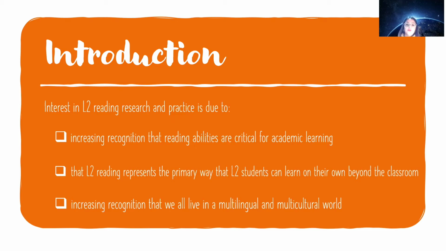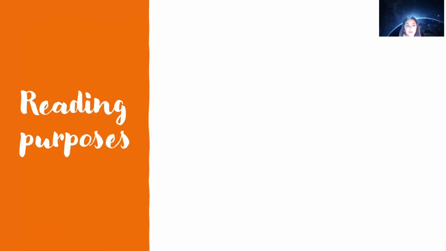In our presentation, we're going to outline some complexities, key issues concerning second language learning and processes, and some of the implications of these issues for instructional practice. Now, let's talk about reading purposes. Because we read for a variety of purposes, we often vary the cognitive processes and knowledge resources that we use.